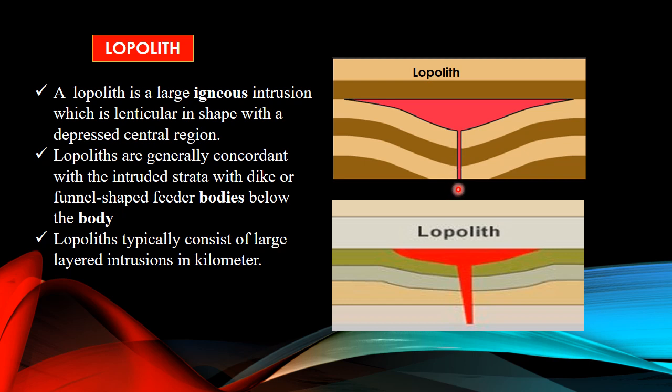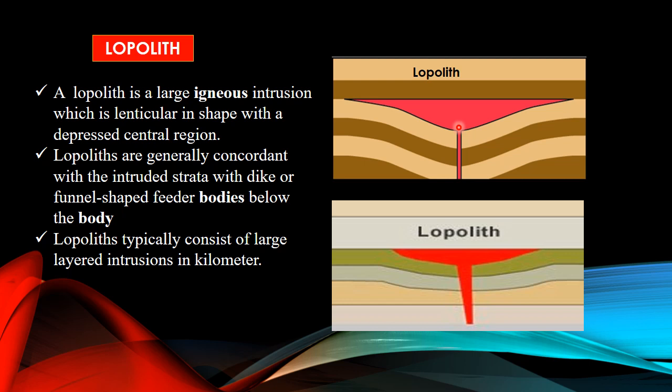Lopolith typically consists of large layered intrusions in the kilometers. It is approximately 100 to 200 kilometers in diameter, and lopolith is funnel shaped, and it is an igneous intrusion body and an example of concordant bodies.